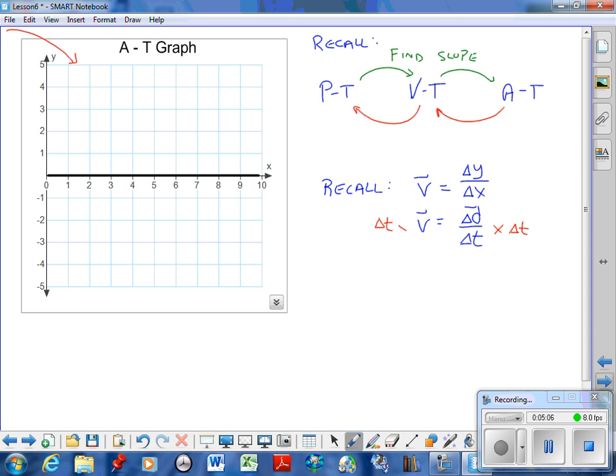And if we multiply both sides by delta t, inverse operation, delta t's cancel. And we find that my displacement, delta d, is equal to velocity multiplied by time. All right, so in order to find displacement, I need to multiply velocity times time.